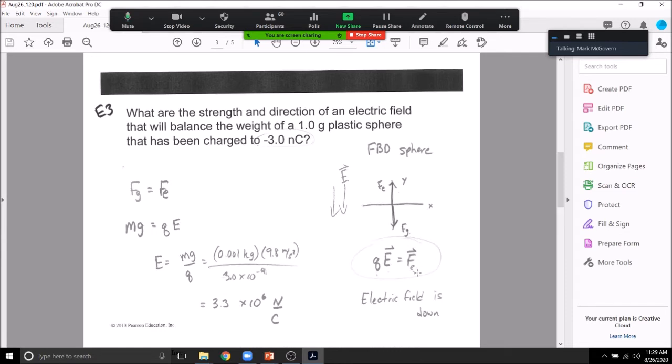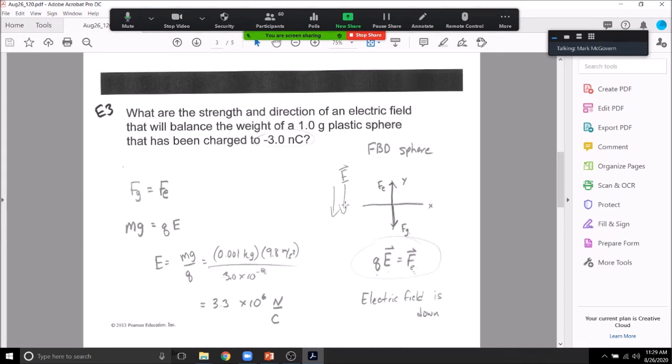But look at the equation here. The electric force is equal to Q times the electric field vector. We have a negative charge. So the field needs to be down. Because if your field is down, now we don't know where this field comes from, and we don't care. It's just there's a field in this area, and it points downward.